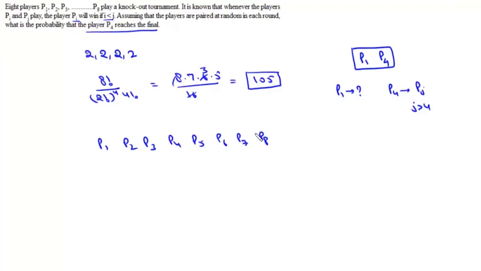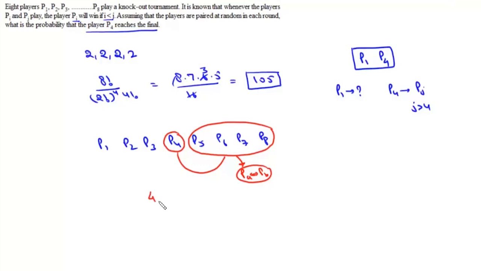If P4 has to reach the next stage, P4 must be paired with any one of P5, P6, P7 and P8, and also we should have another pair from the same set where we have PA and PB. So in the first stage, we have 4 possible combinations for P4.